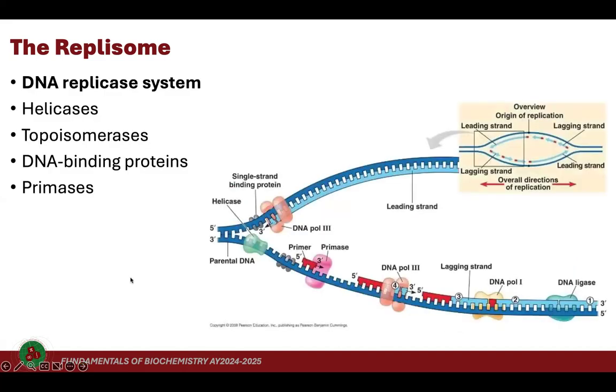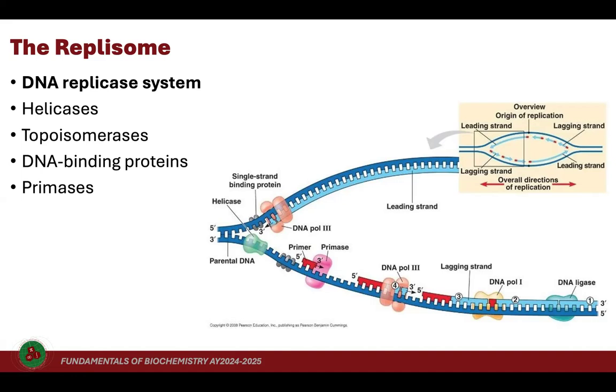Next, we have primases. What are primases? So I don't know if you already asked this question. If the cellular mechanism already found the origin in the DNA molecule, how is the DNA polymerase going to start?